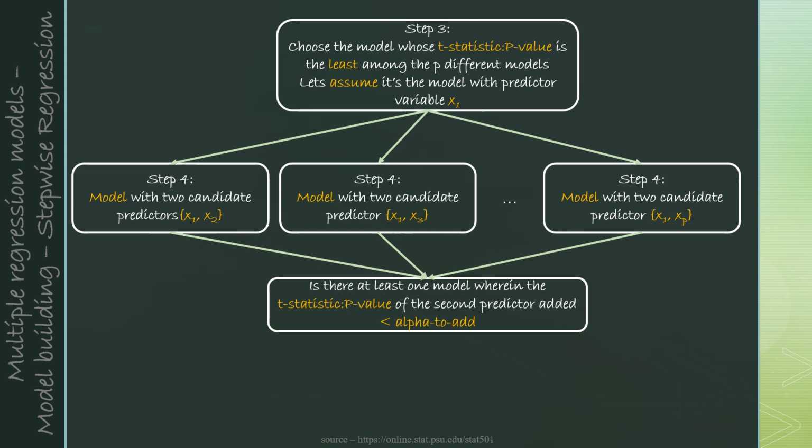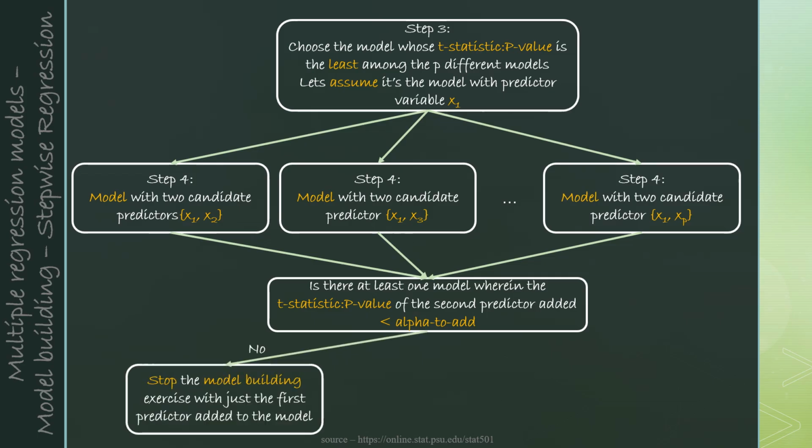Is there at least one model wherein the t statistic p-value of the second predictor added is less than alpha to add? If no, stop the model building exercise with just the first predictor added to the model. If yes, go to step 5.